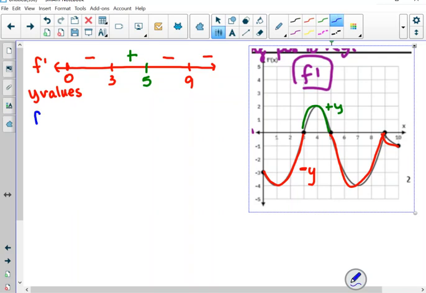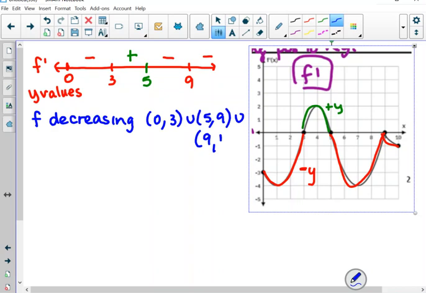So that tells me F is in fact decreasing from 0 to 3, from 5 to 9, and from 9 to 10. F is increasing from 3 to 5.